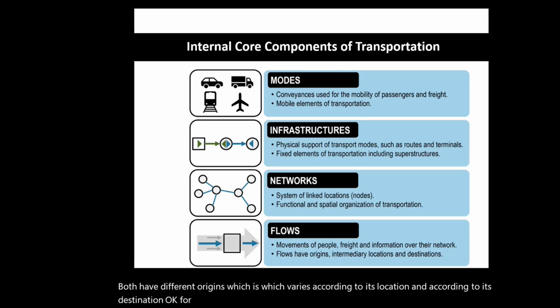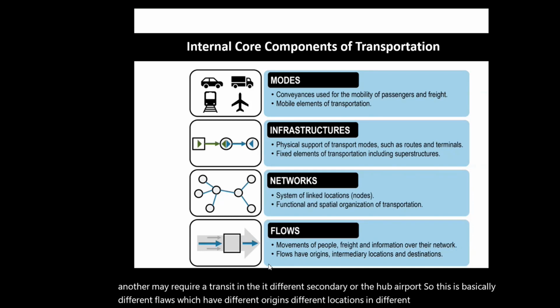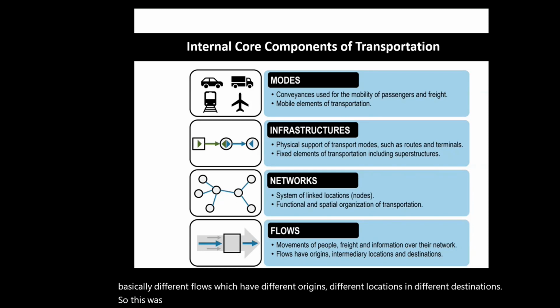For instance, flying from one airport to another may require a transit at a secondary or hub airport. So these are different flows with different origins, locations, and destinations. This was the part we already covered under the title of the internal component.